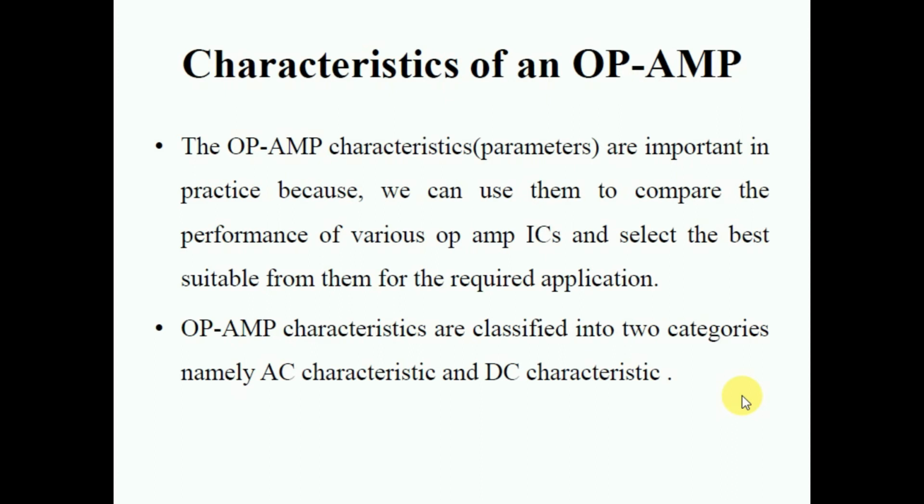After that, we are going to learn about the characteristics, that is, what kind of characteristics are shown by the operational amplifier, or we can say the parameters also. This IC has different parameters, but more often it is categorized into two characteristics, that is AC and DC.